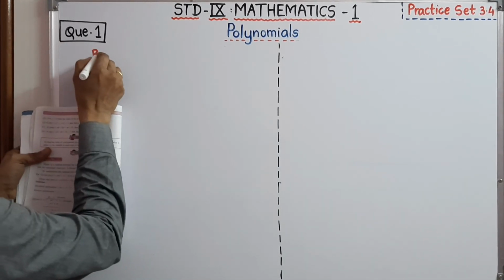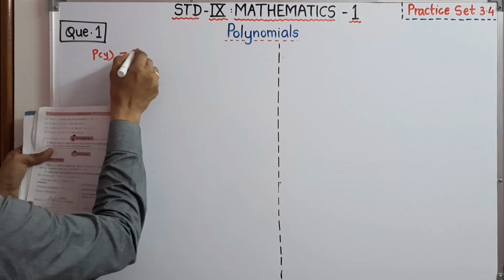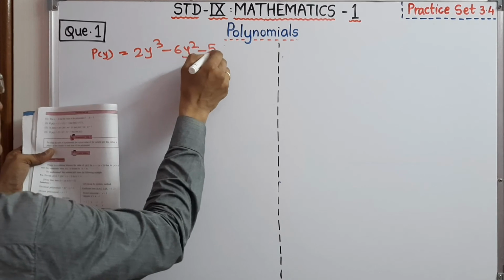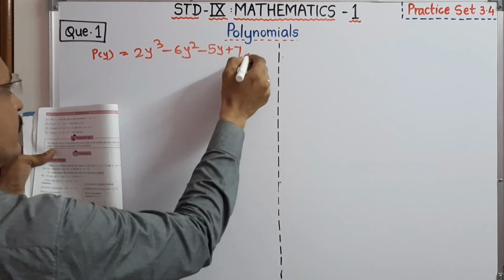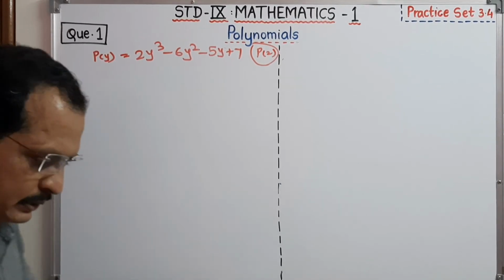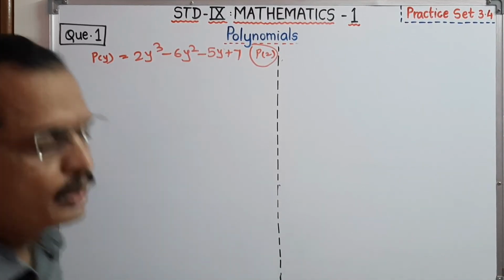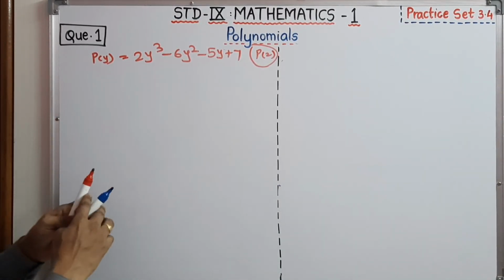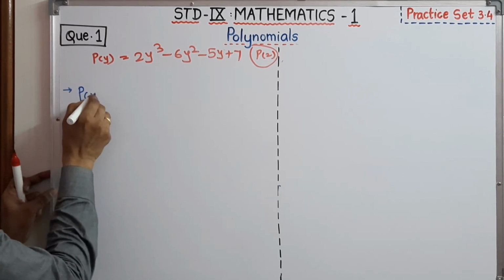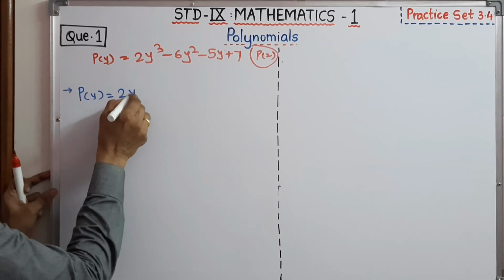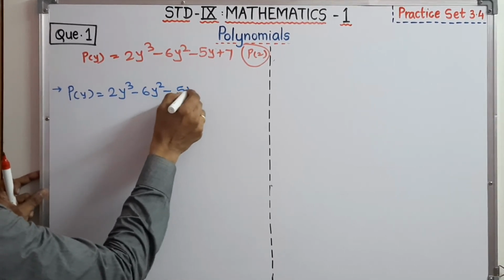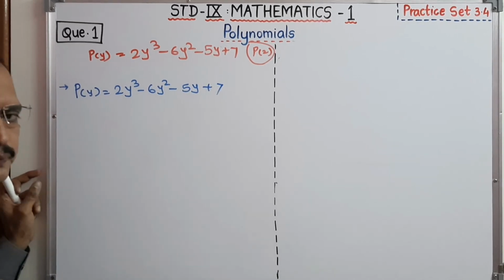P(y) is equal to 2y cube minus 6y square minus 5y plus 7, and we have to find this P(2). We have to find P(2). Very simple. Write down P(y) is equal to 2y cube minus 6y square minus 5y plus 7.